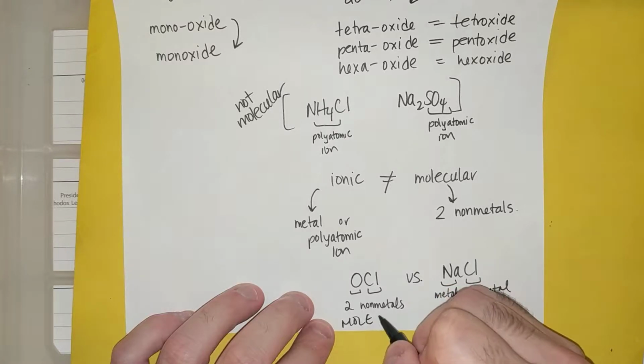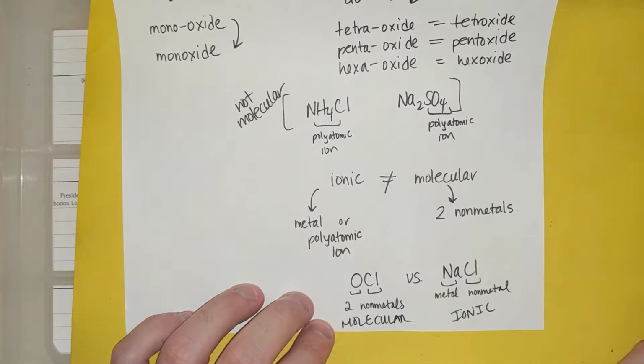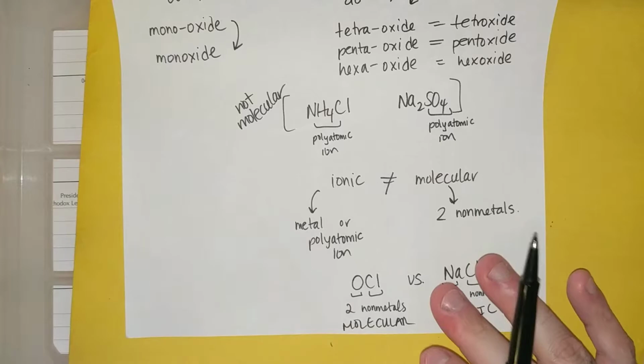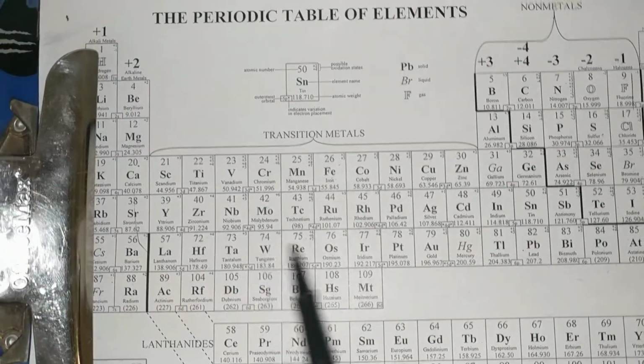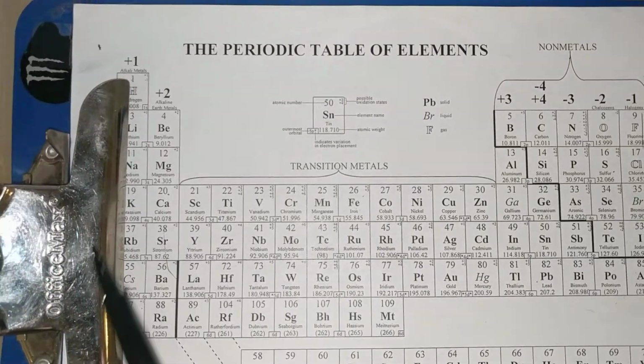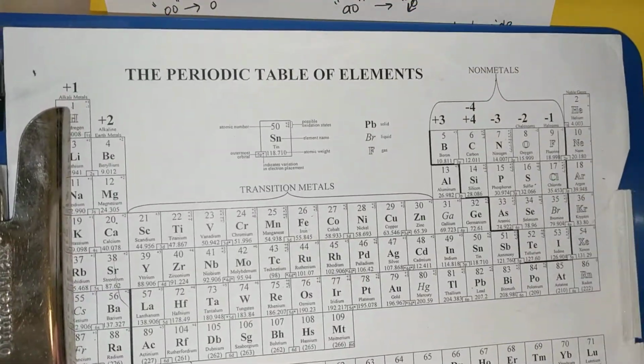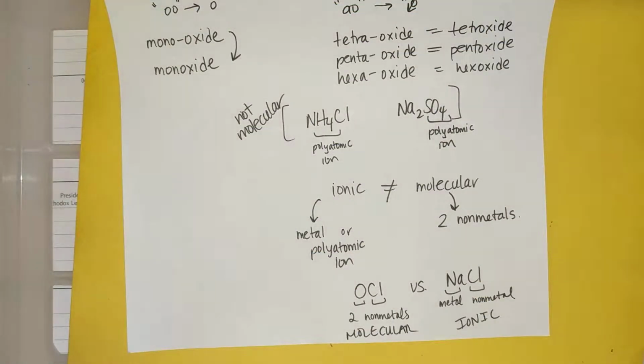This is molecular. Okay, and again, be able to differentiate metals and nonmetals using the periodic table. A lot of your metals tend to be on the left side of the periodic table, except for hydrogen, and a lot of your nonmetals tend to be on the right side of the periodic table. So I'm hoping this quick video was helpful with naming and writing molecular formulas, and even being able to tell the difference between ionic formula and molecular formula.